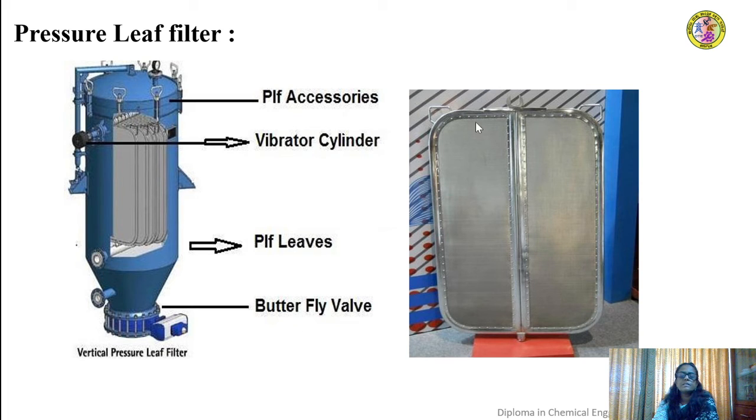You can see that the leaf inside has a wire framework, and outside you can provide a filter cloth which is tightly fitted at the end by means of this spring. These are the leaves that are hung from the top side of the filtration tank.